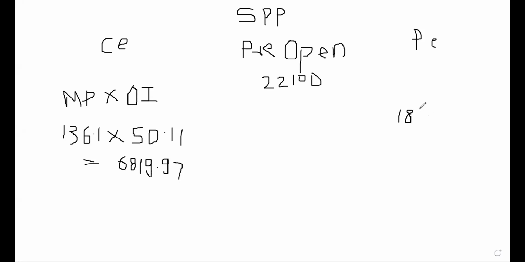Open interest is 45.95. And the multiplication is 8316.95. Right? Correct. Last step. Let me write it first. 8316.95.